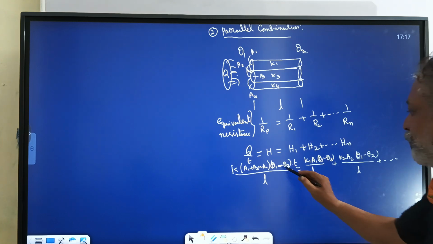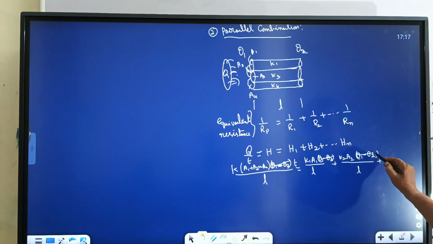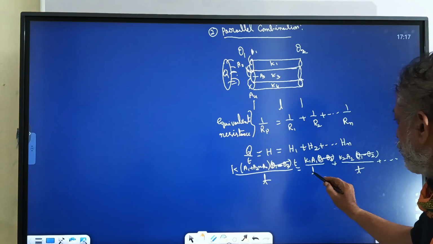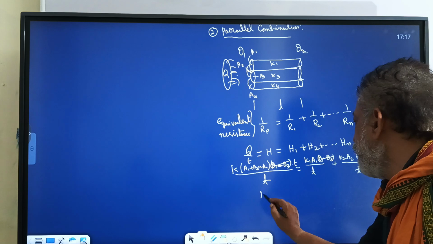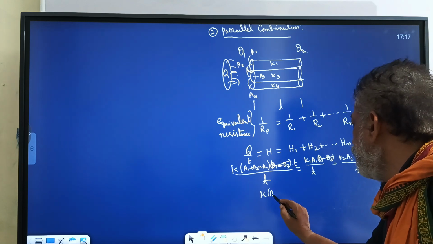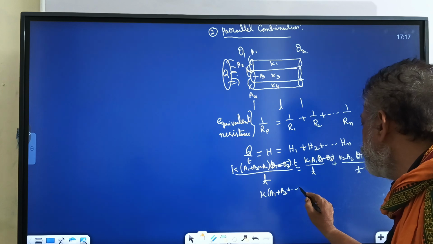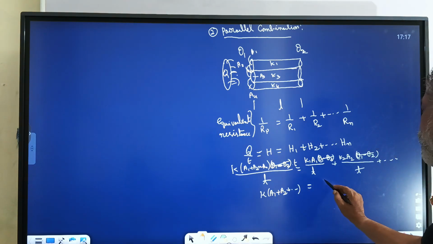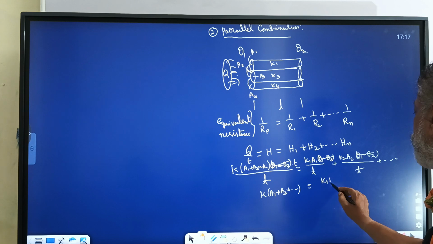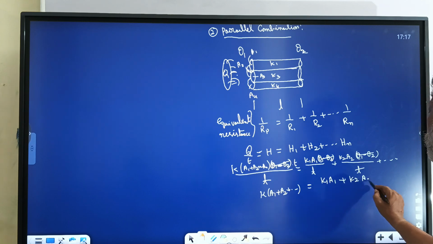Which is common here? The temperature difference is the same and the length is also the same. So we got Kp into A1 plus A2 plus up to An equal to K1 A1 plus K2 A2 and so on.